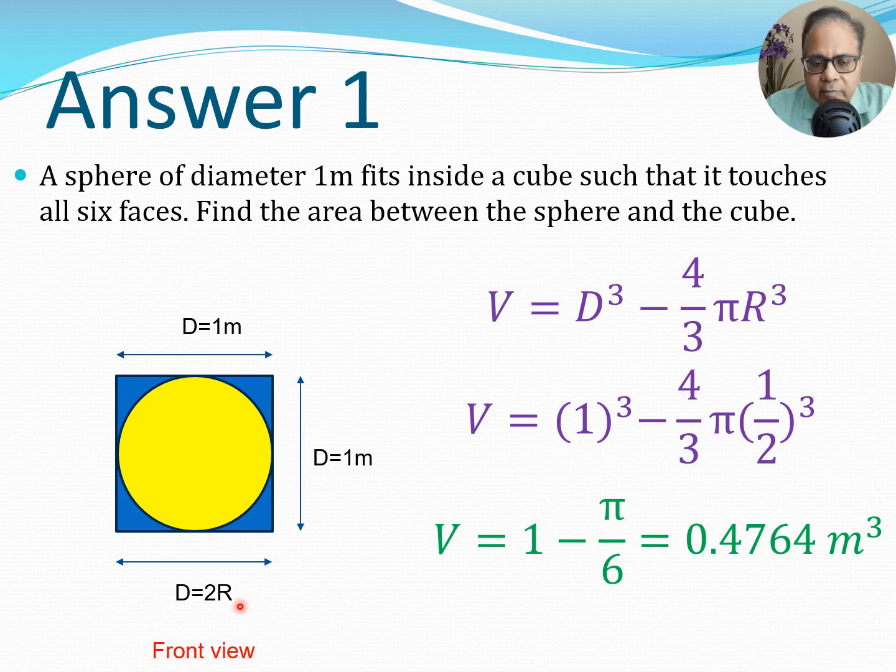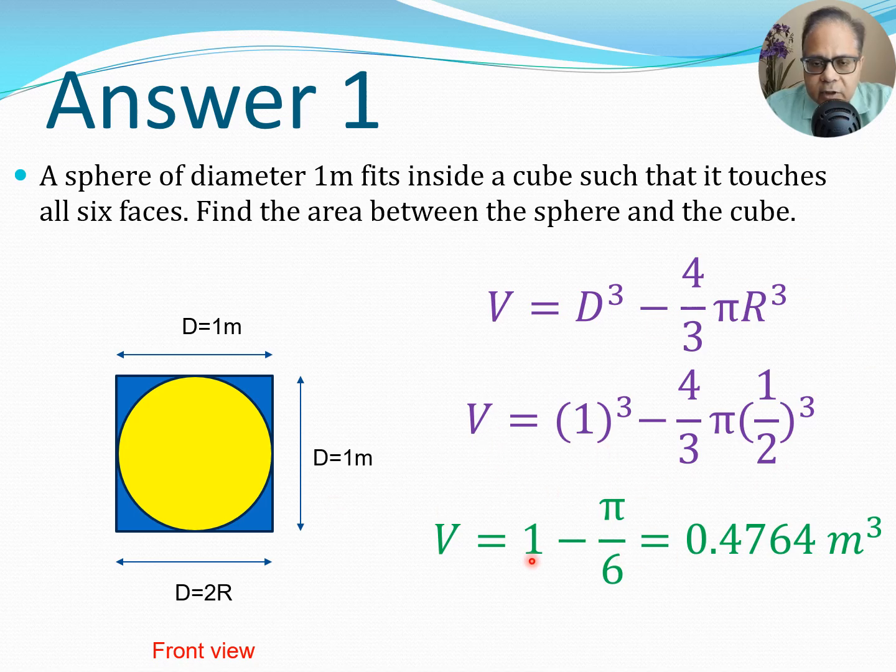Also remember the diameter is twice the radius, so d equals 2r. We can clearly see that the volume of this particular region, which is colored in blue, is going to be d cube minus 4 by 3 pi r cube. Remember d is 1 meter, so I put 1 here, and radius is half meter, so I put half here, and then I simplify this expression.